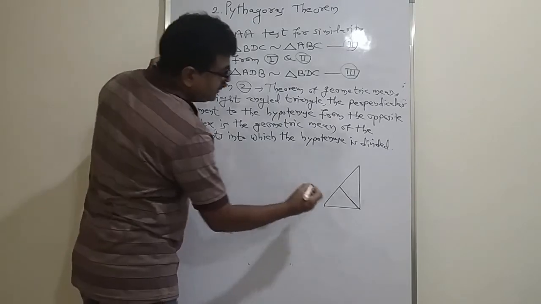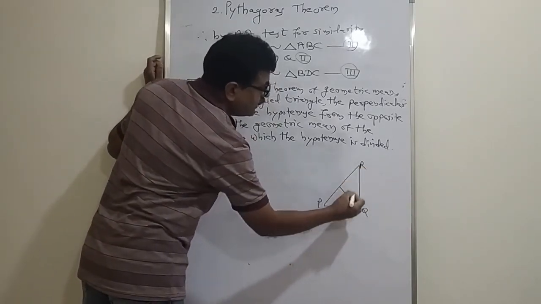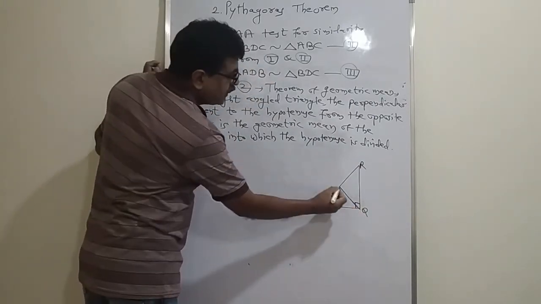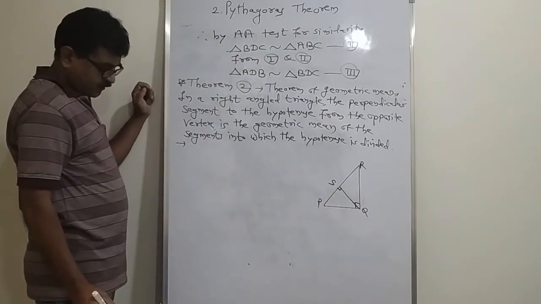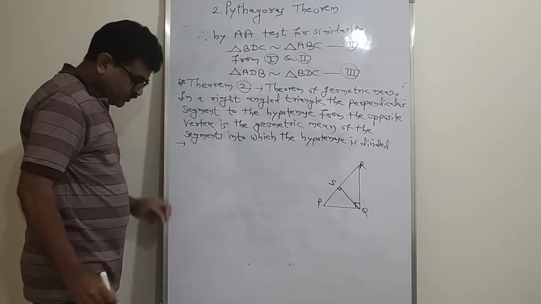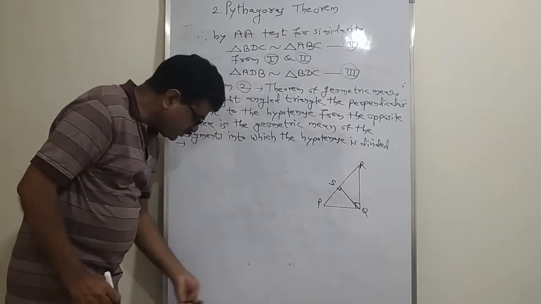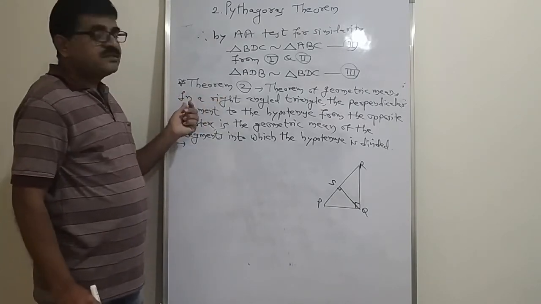Now triangle PQR is a right angle triangle. QS perpendicular to PR. Now we have to prove geometric mean. Now let us see here.